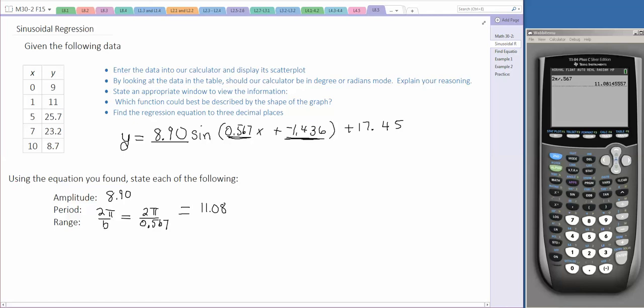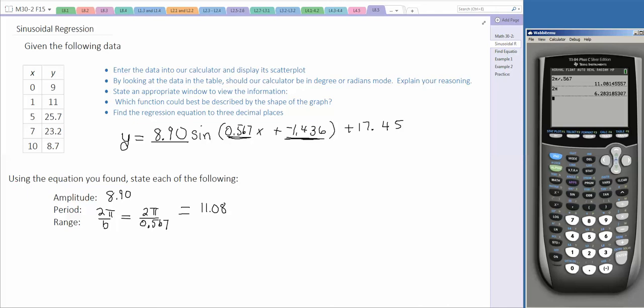Now remember, if we think in terms of radians, 2 pi is the distance around once. So if I take 2 and pi and calculate it, we can see that that's 6.28. So our period is almost twice, not quite twice, 2 pi.